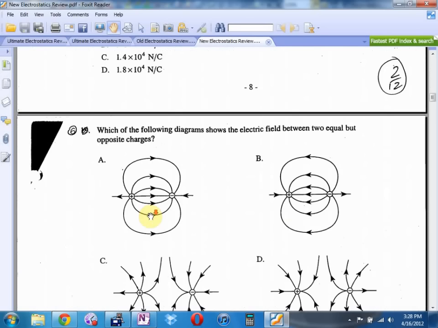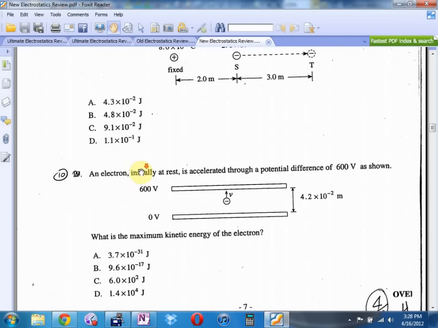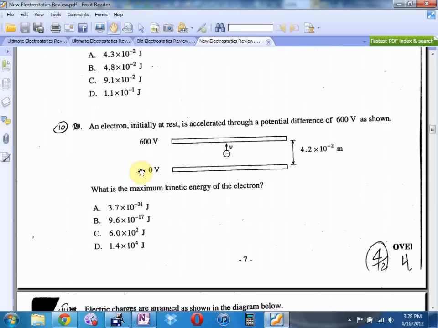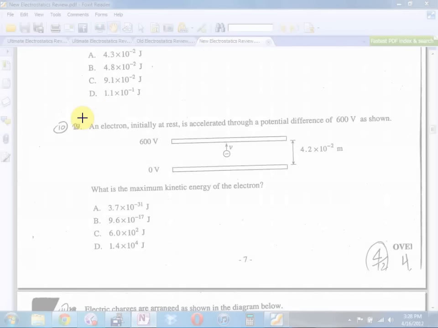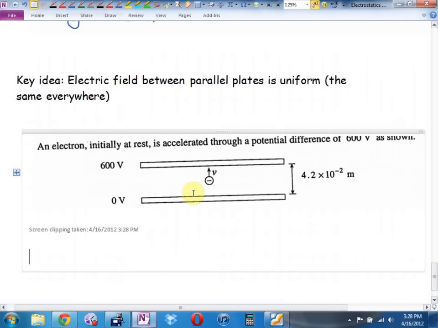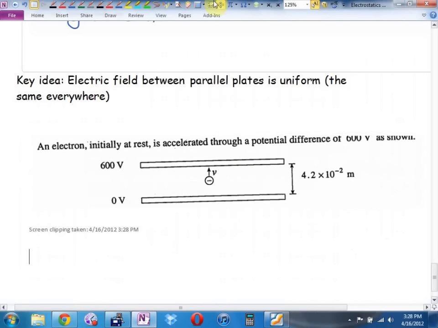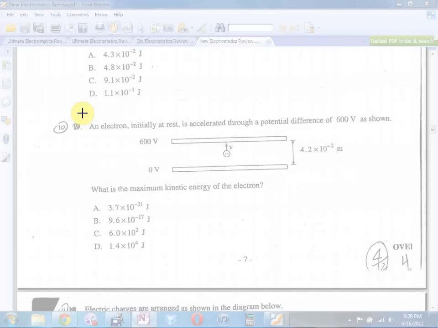The other place we used plate charges was really in terms of energy transformations. For example, like this diagram here.